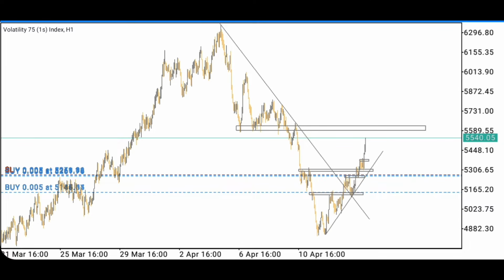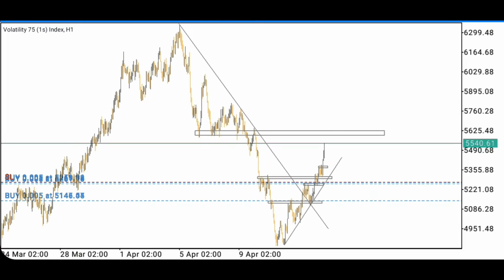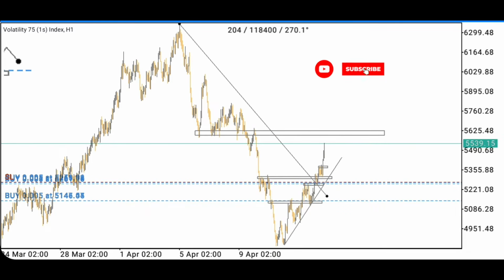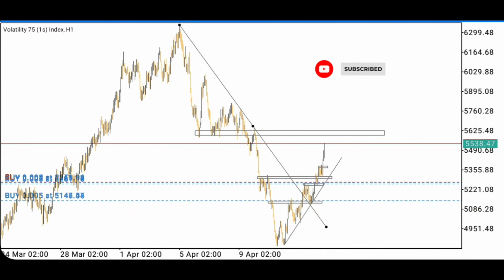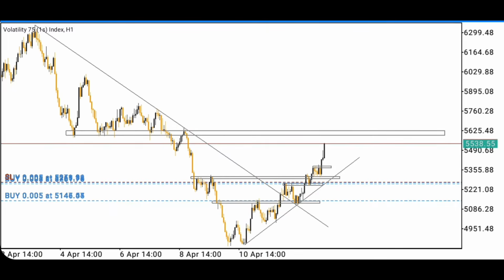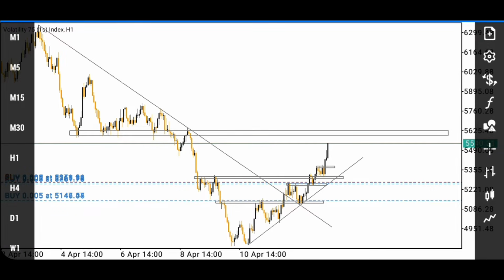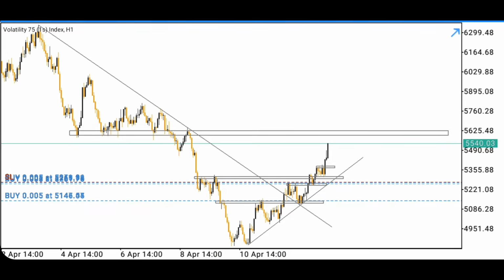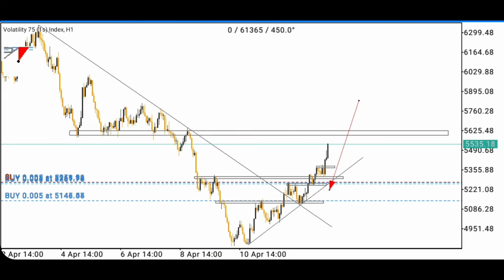When I opened my charts, I saw this trend line that was broken. After I saw that, I also saw this supply area, this resistance area that the market had broken and come back to test.